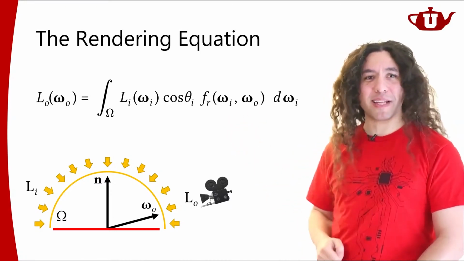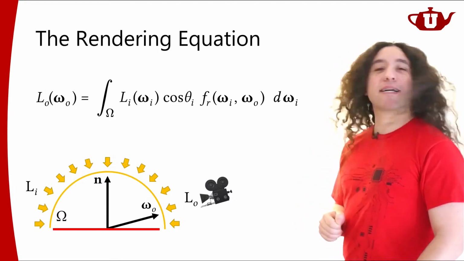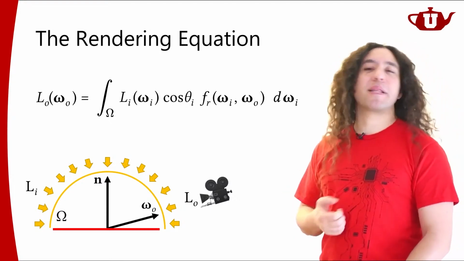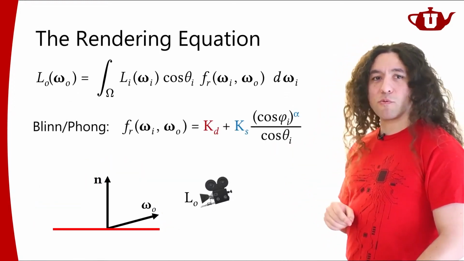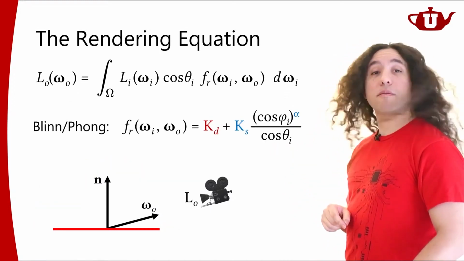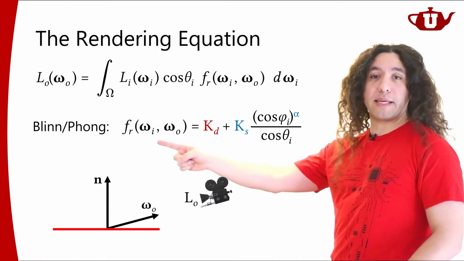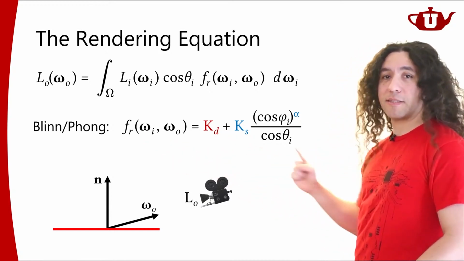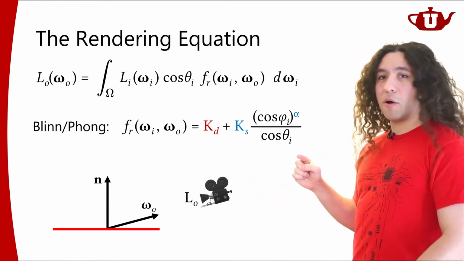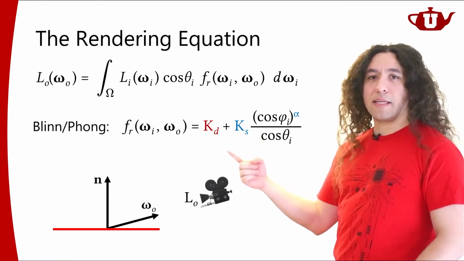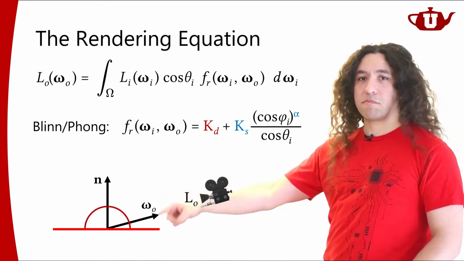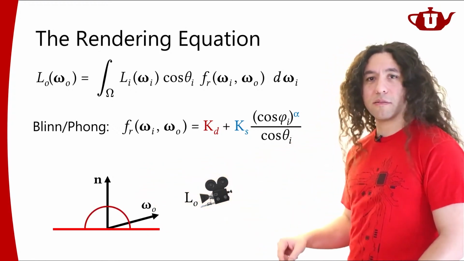So let's get into it a little bit. Now, in the context of Blinn-Phong shading, Blinn-Phong material models, this was our material model. So in this case, this BRDF is just this function. It has a diffuse term, which is constant over all directions, right?